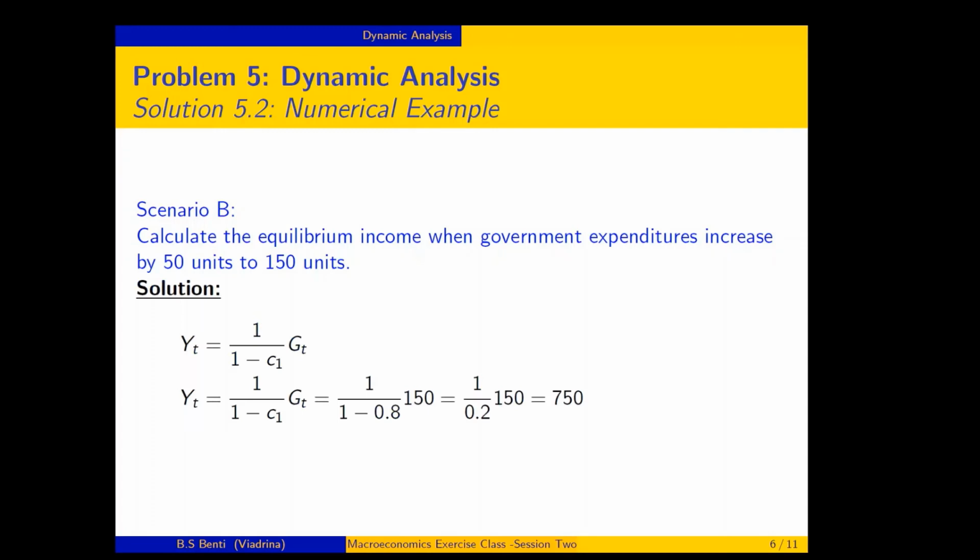Again, we will just plug in the numbers that we have received from the question in the formula that we have identified to be representative of our equilibrium income. So again, we would have 1 over 1 minus 0.8 multiplied by the new government expenditure, in this case 150, which gives us an income level of 750 units.